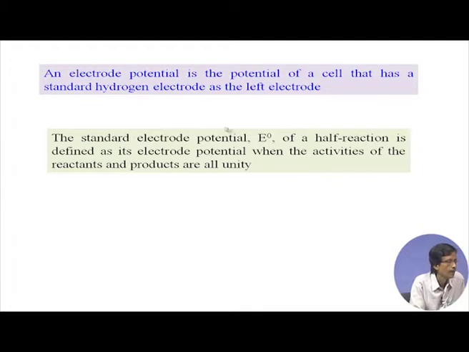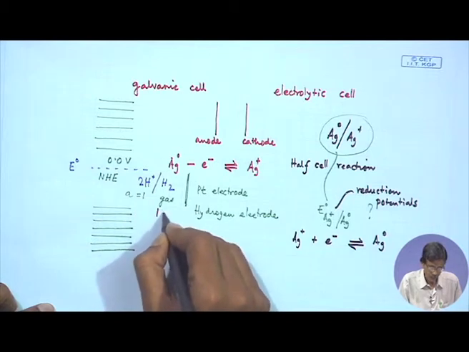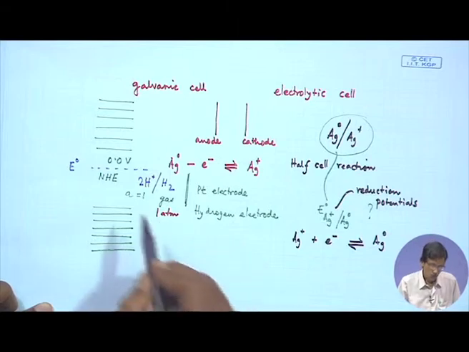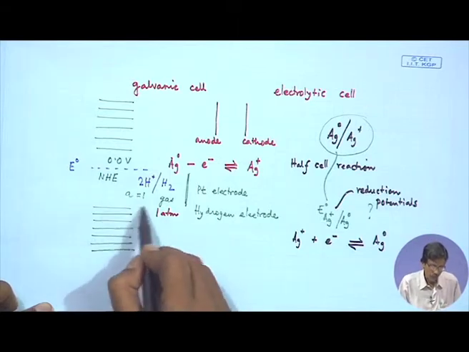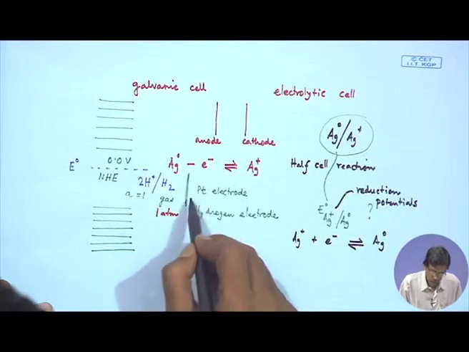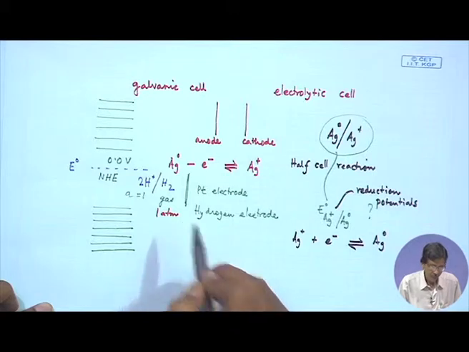The standard potential of a half reaction is defined as the electrode potential when the activities of the reactants and products are all unity. That means this hydrogen gas, if we consider this as the hydrogen electrode, is at 1 atmosphere pressure. So, this has an activity of 1 and hydrogen gas is bubbling on the platinum electrode surface at a pressure of 1 atmosphere.